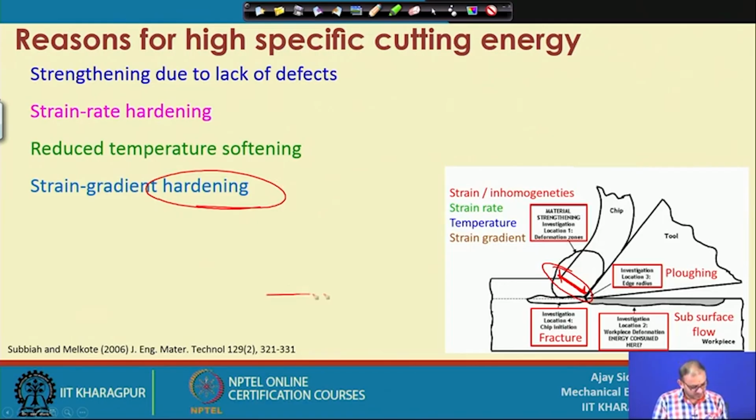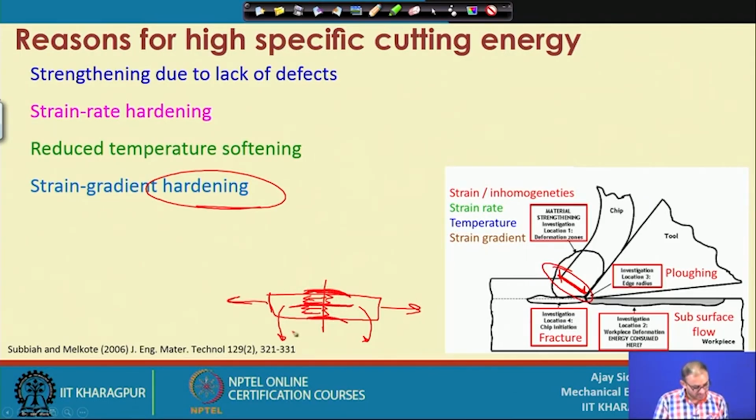Now, consider this example. If you are pulling a rod, then you will not get a strain gradient. Strain will be the same at every location throughout the cross section. But if you bend this thing, then your strain will be very high here, at the center it will be low, and again it will be higher at this particular location.